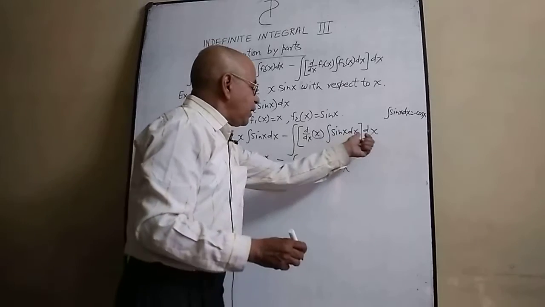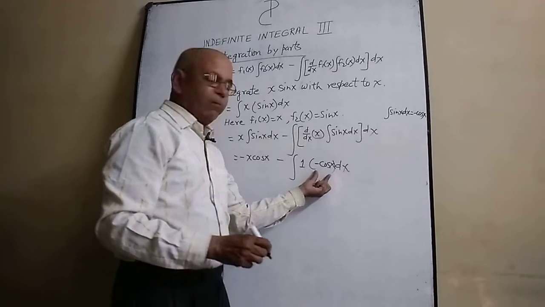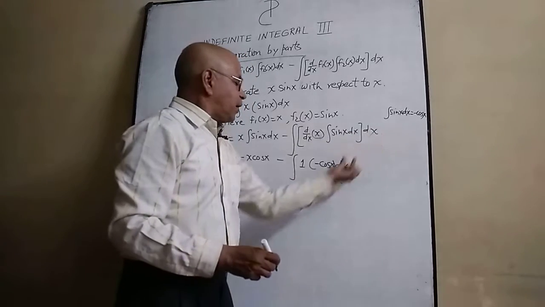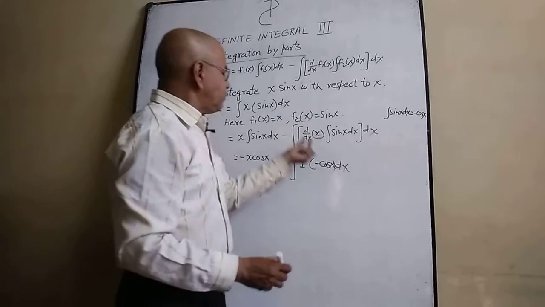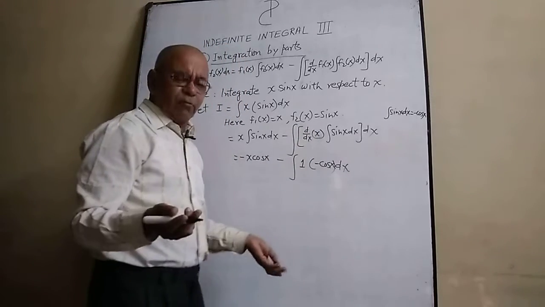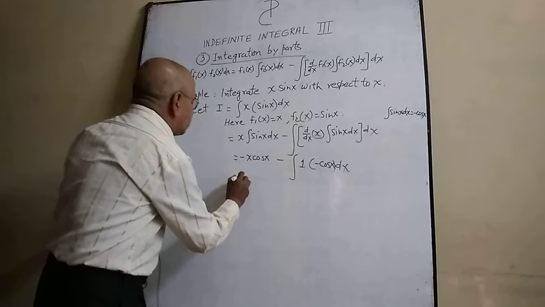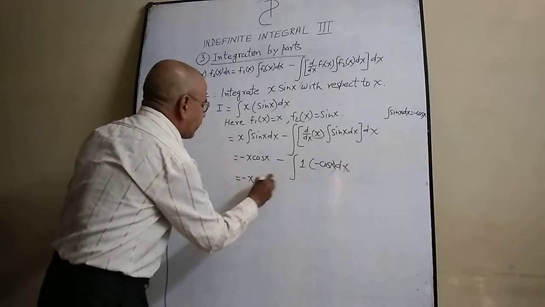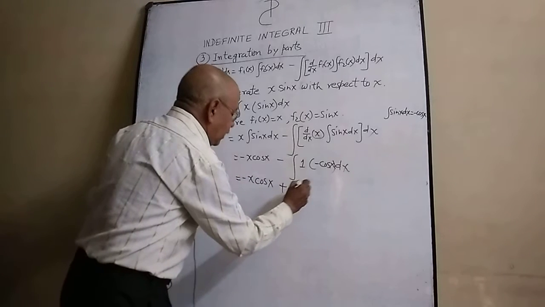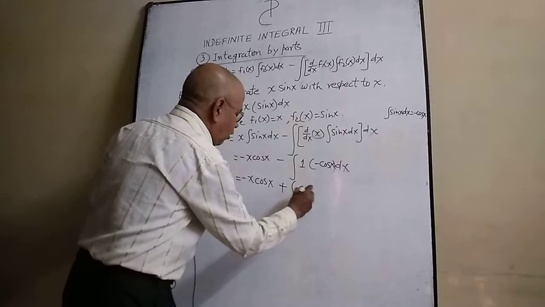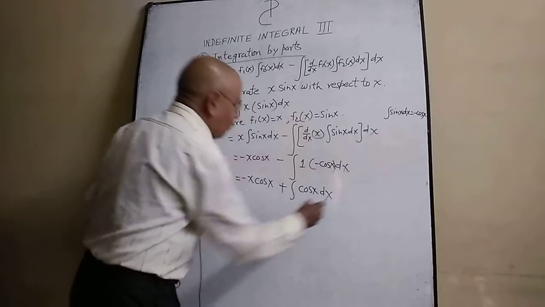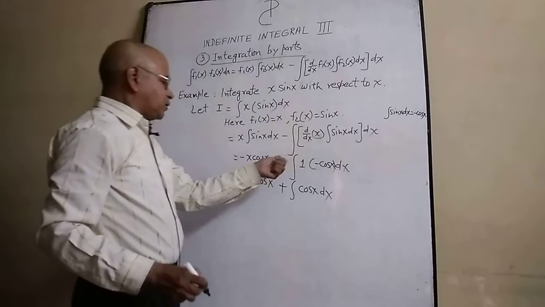This sin x dx is now merged into minus cos x, and this dx is coming. It's very simple: dx upon dx is equal to 1, and this is equal to minus x cos x plus the integration of cos x dx, because of this cos x and this minus.